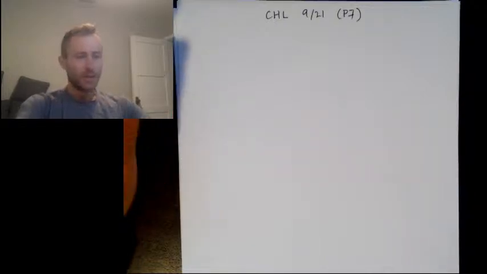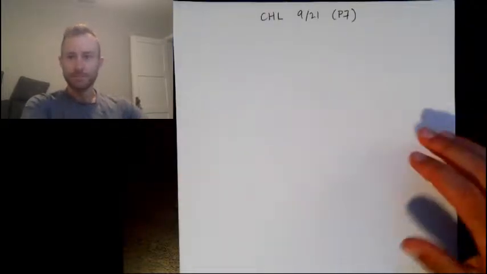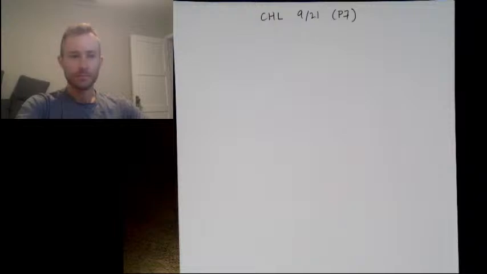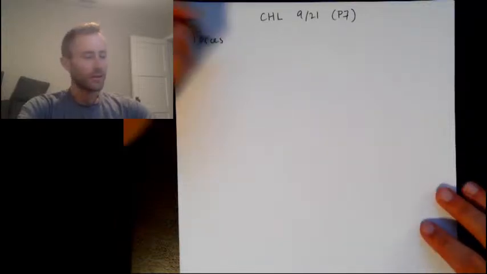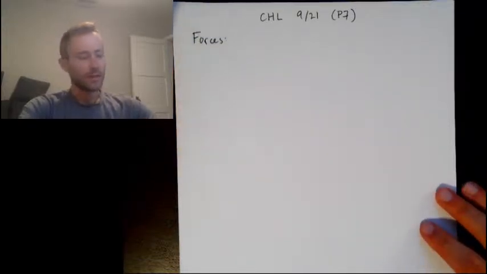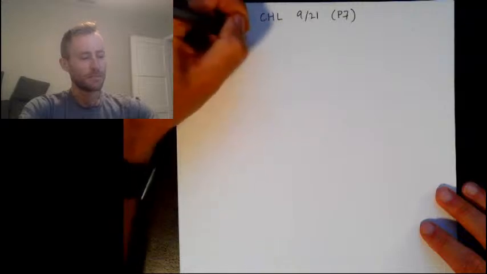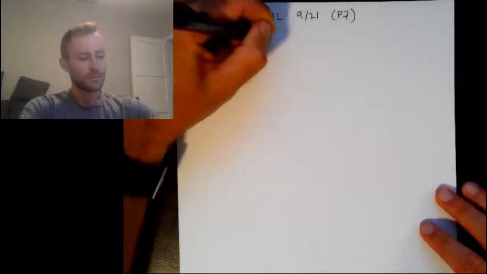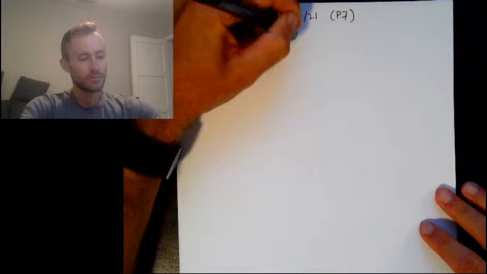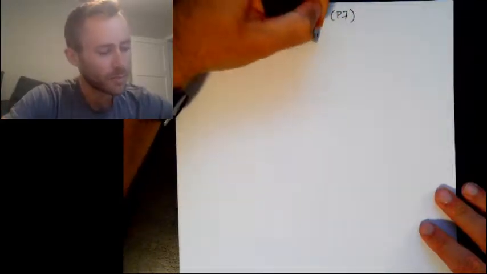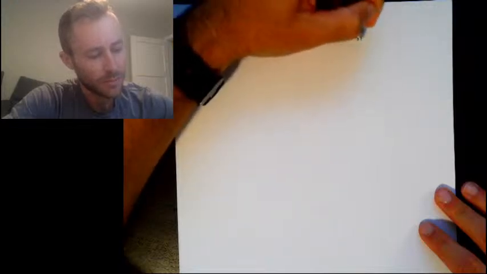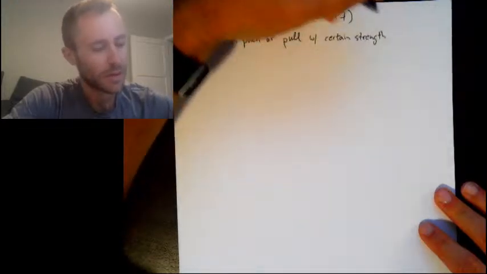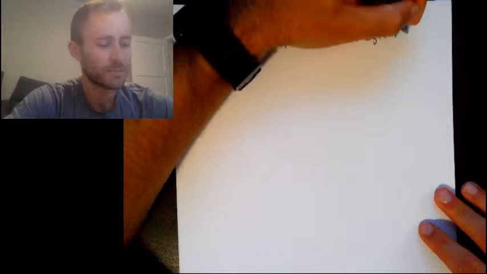All right. So what causes motion? Motion is caused by things called forces. And a force is basically a push or a pull with a certain strength and a certain direction.